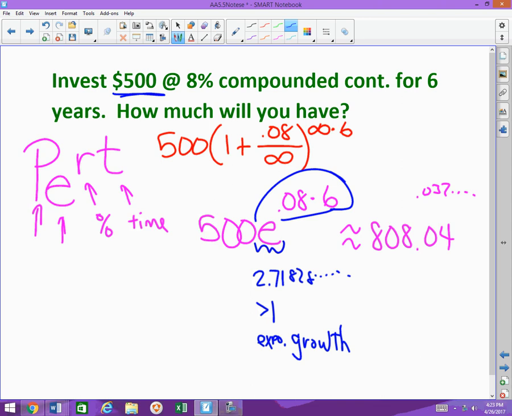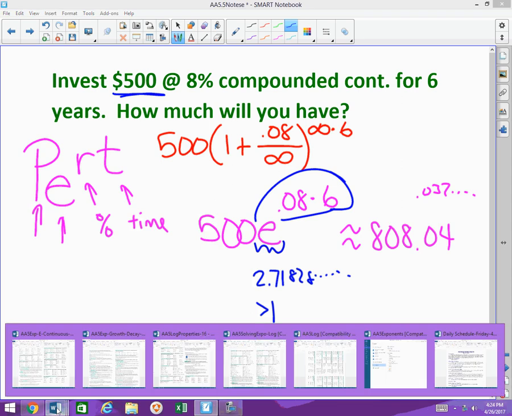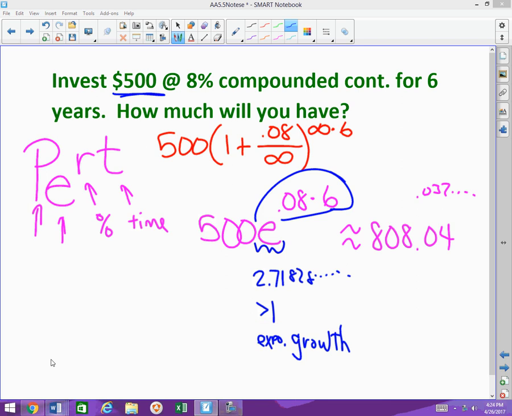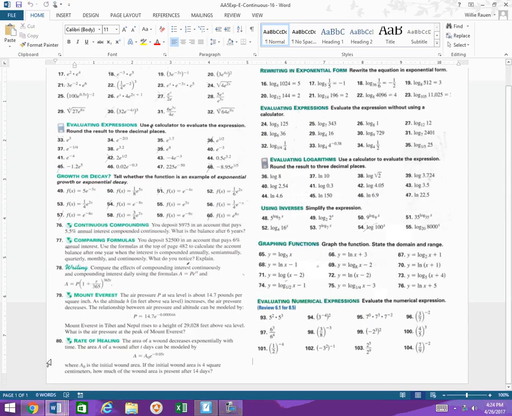And so now you will be working on an assignment from your worksheet. And let's see, that worksheet would be this one here. I think this is the one. Yes, it is.